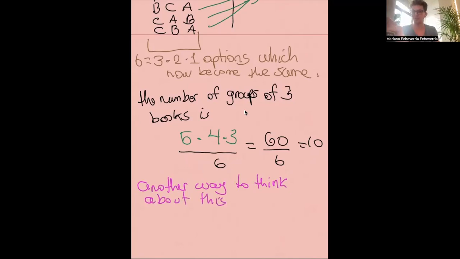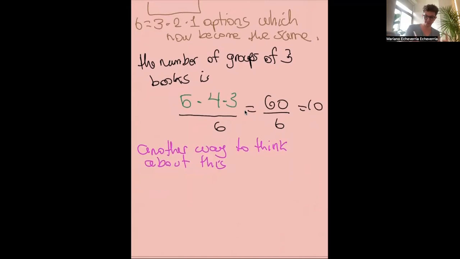Here's another interpretation, just exploring all the different ways to think about it. Choosing which 3 books you want to grab is equivalent to choosing the 2 books that are staying on the table. Let's say I have my books on the table and I'm moving them to the shelf.